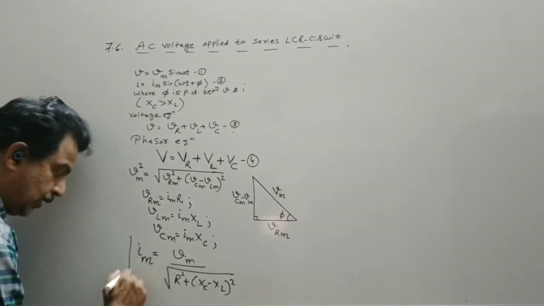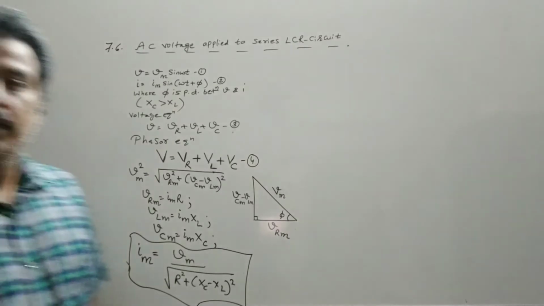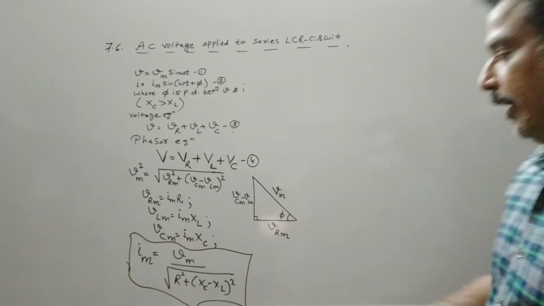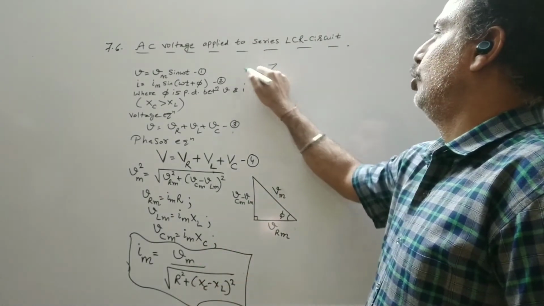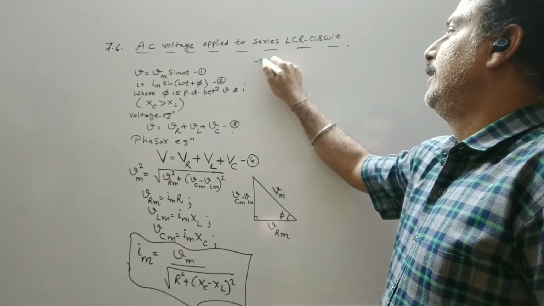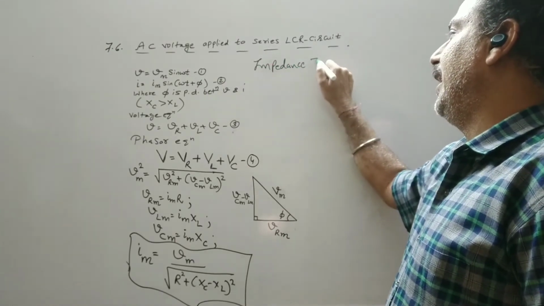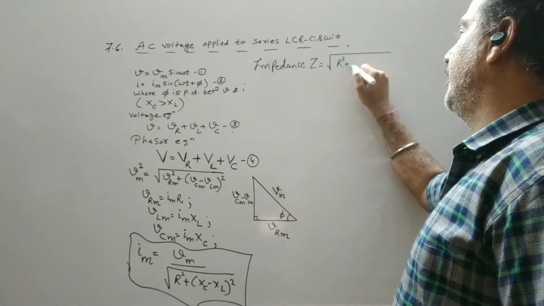So this was the maximum current in the circuit using the phasor diagram, and this value Z is known as the impedance, that is the total resistance offered by the LCR circuit to the flow of an AC current.